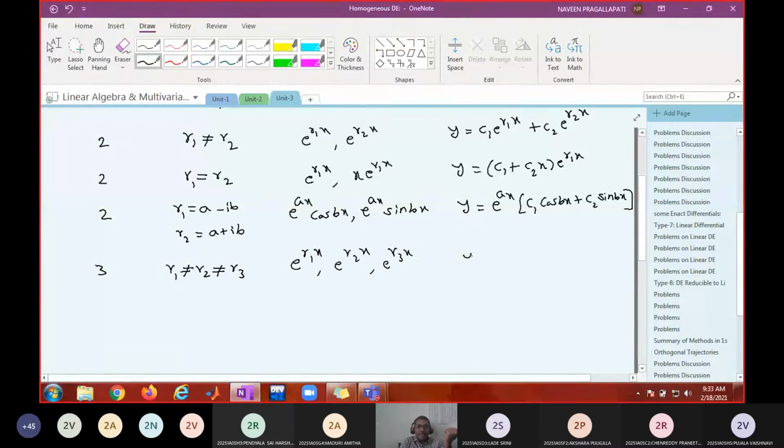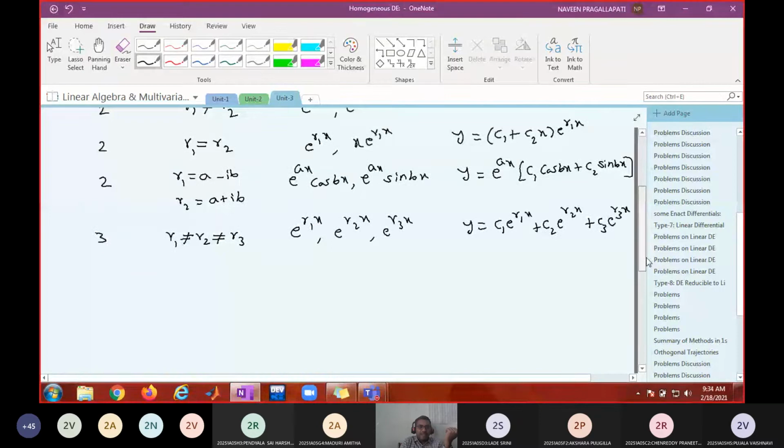Then the general solution is Y equal to C1 e power R1x plus C2 e power R2x plus C3 e power R3x. Just take the linear combination of the corresponding exponential functions.